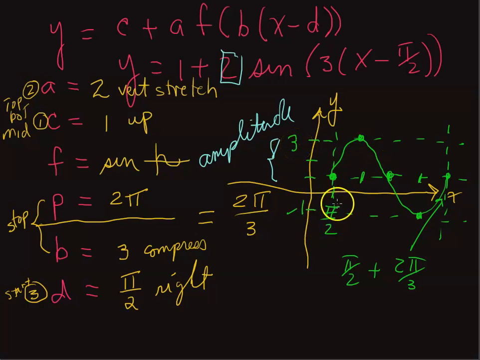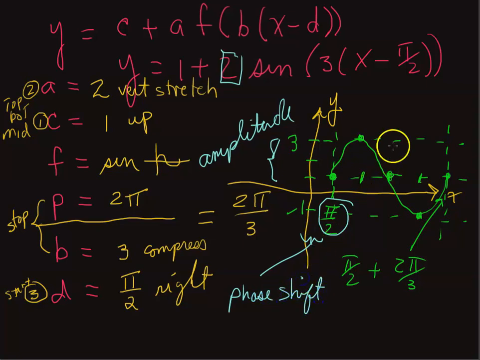What is this movement to the right? That is the phase shift. Now that's when you have subtraction, at least. That is this number you subtract from x, the phase shift. So if they're asking about the amplitude, it's the A. If they're asking about the phase shift, it's the D.